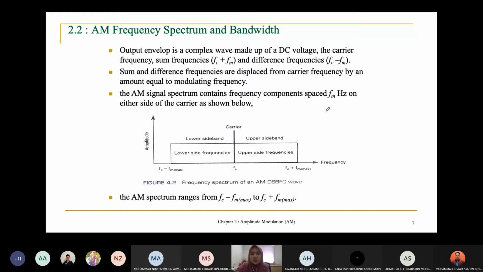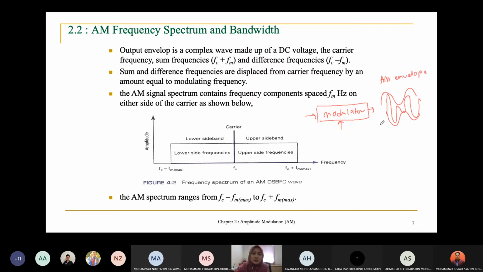So remember you have the modulator, and the output in the previous slide looks like this. This is what we call the AM envelope.